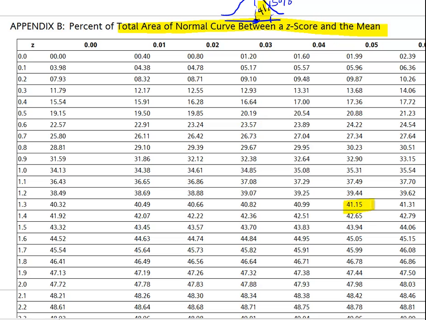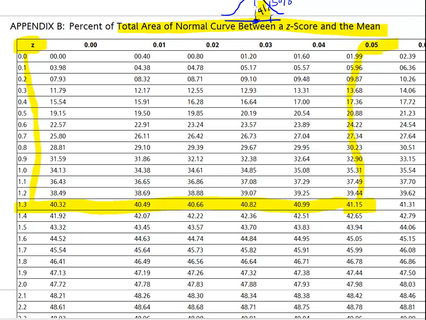Okay, so now I need to find the Z-score associated with that. Well, all I have to do is go over here. This is where the Z-scores are. So I'd go down to here, 1.3, and then for the 41.15, go up here.